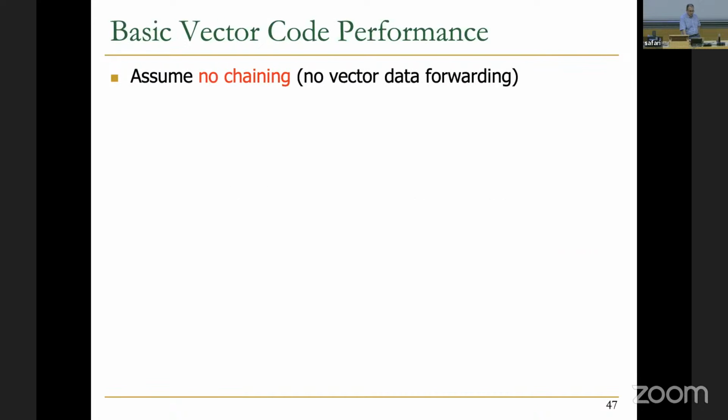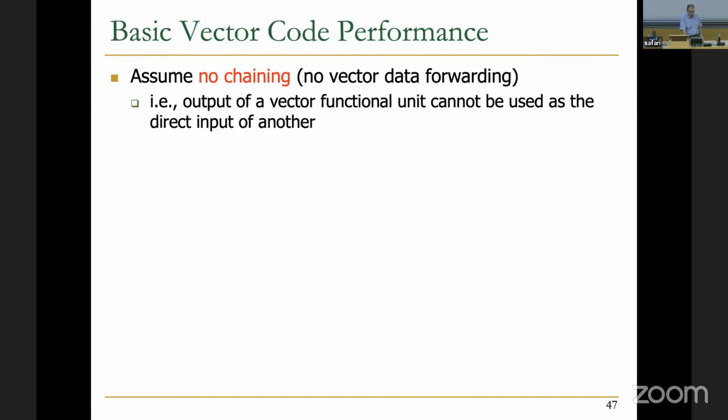So assume that we have no chaining, like there is no vector data forwarding. We're going to see a bit about it soon. Basically, the output of a vector functional unit cannot be used as the direct input of another. Chaining is one big optimization in vector processor design, where you chain all these functional units such that the output of one goes to the input of the next, in a produce-consume manner.